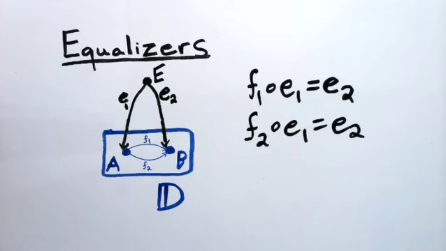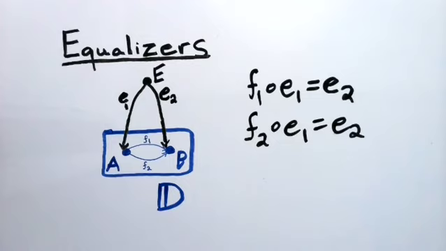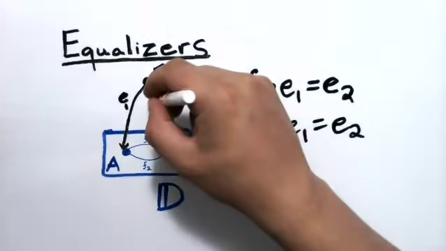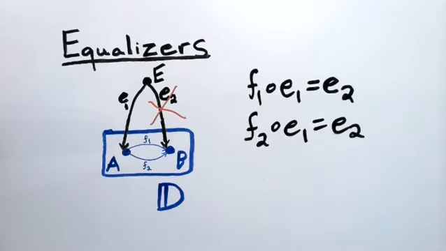But that means that E2 is actually a little redundant here, because even though we drew it like this, E2 is effectively just this morphism. So really, we could have drawn this diagram completely without E2 at all, because it's already represented by these morphisms here.